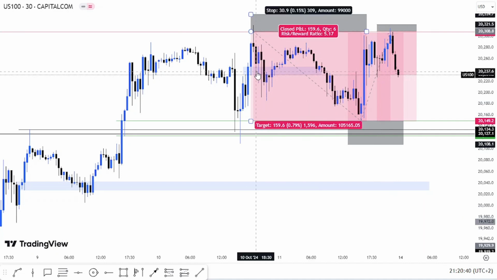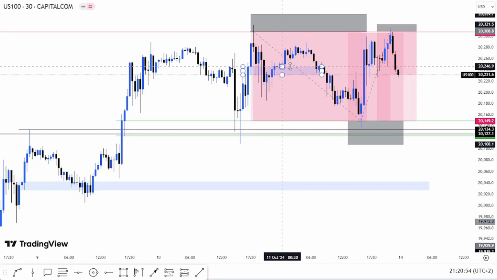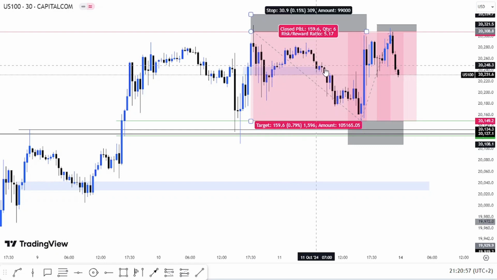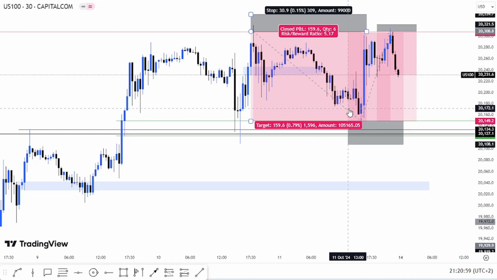We ended up breaking the zone I was talking about. Not keen, but it makes sense because we entered during the New York session, so most of the time there was not a lot of volume in the market.